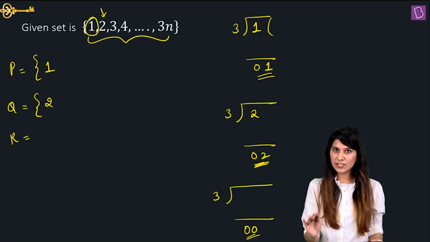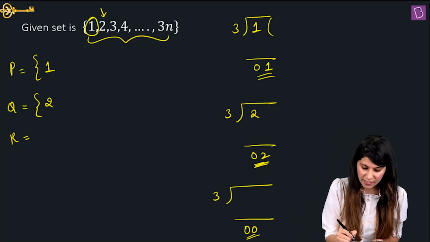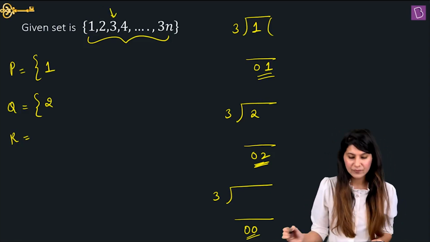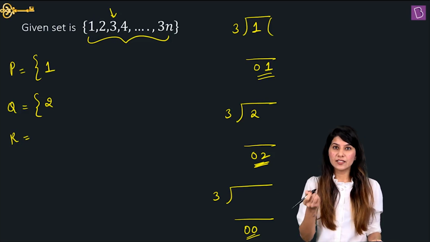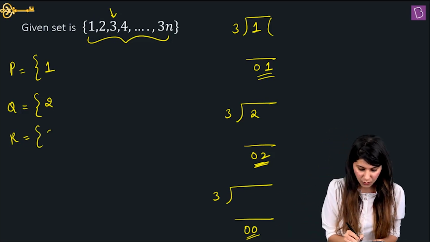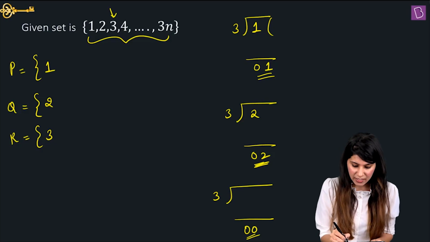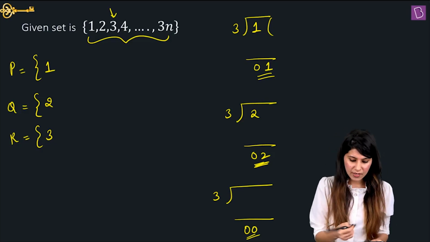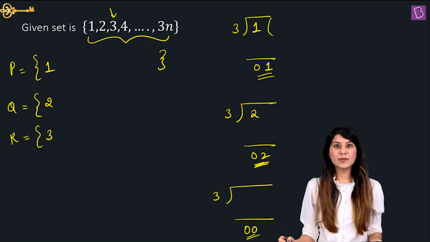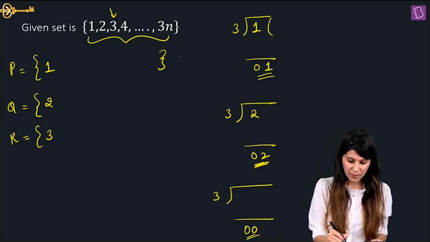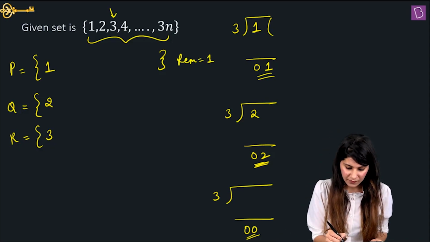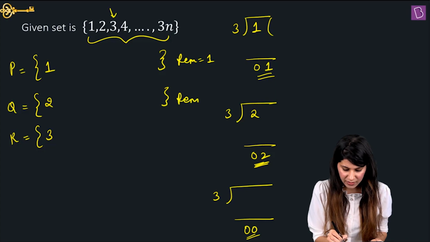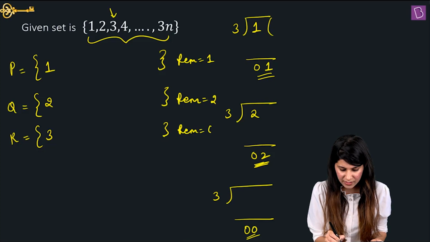That's the agenda. The next number in our bucket is 3. When you divide 3 by 3, the remainder is 0. So set P will include all those numbers which have remainder 1 when divided by 3. This set will have remainder 2. This set, R, is completely divisible by 3, that means remainder 0.